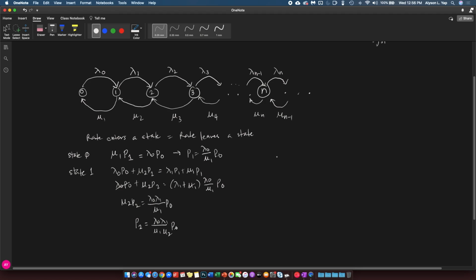For state 3, if we do the rate in rate out equation, what we will eventually get is P sub 4 equal to lambda 0, lambda 1, lambda 2, lambda 3 all over mu 1, mu 2, mu 3, mu 4, P sub 0.